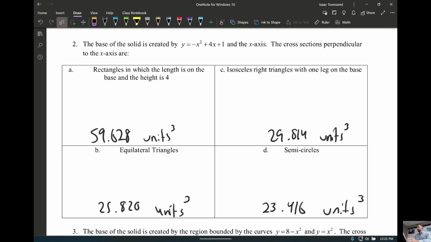We did that for all of these. Wait, so what's the base?